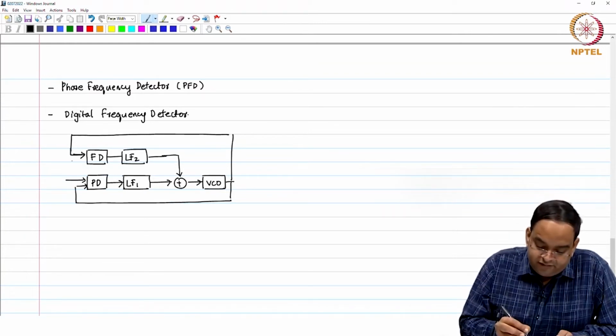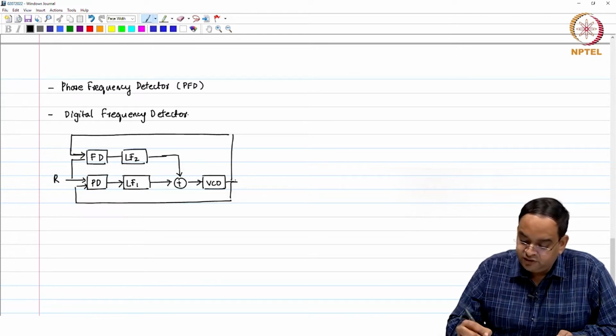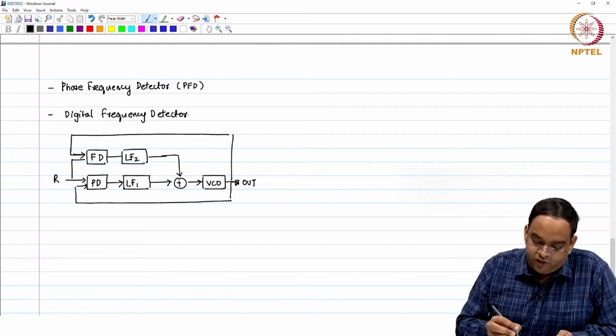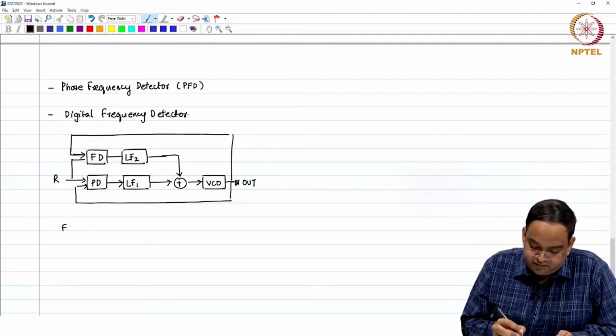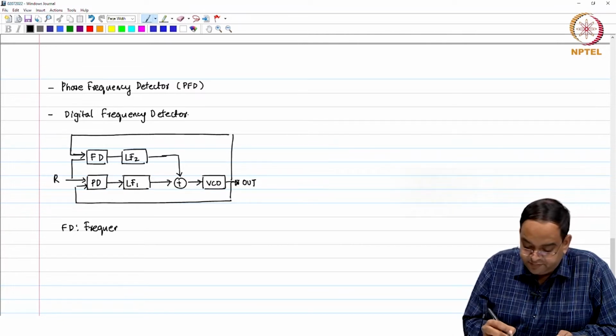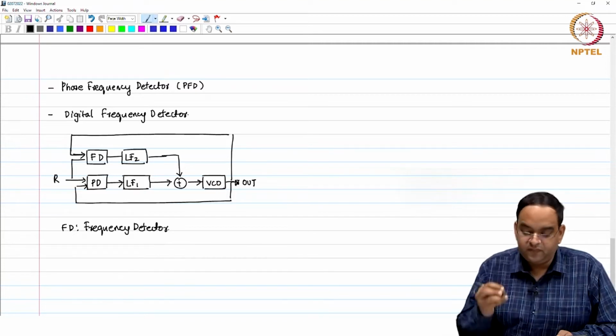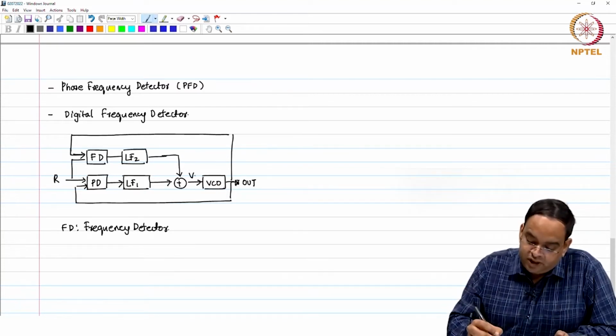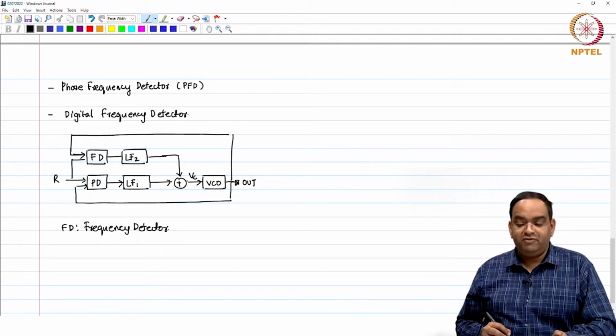And the reference goes to both. So, this is your reference, this is your out. FD is the frequency detector. This is your control voltage. Your control voltage is coming from 2 loops.